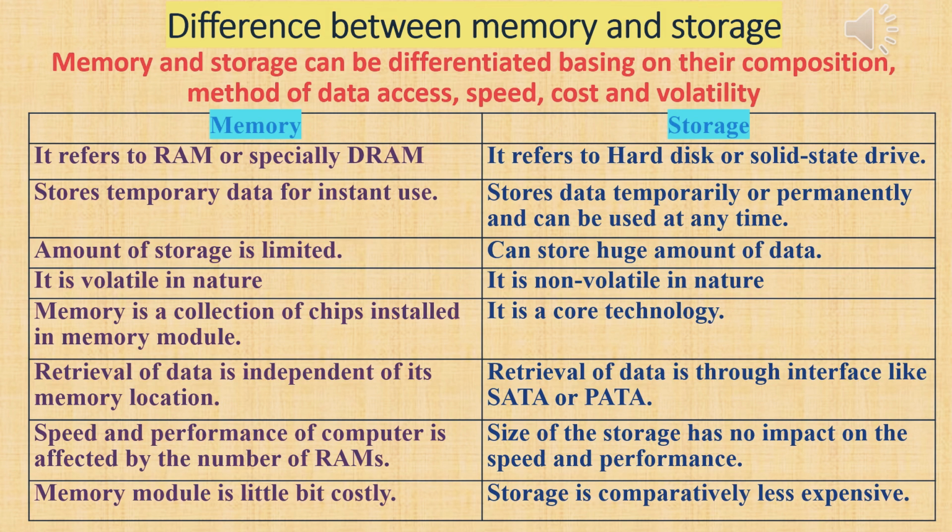Talking about the retrieval part, memory access is independent of its location, whereas in the case of storage, it is through an interface like SATA and PATA, where SATA represents serial advanced technology attachment, whereas PATA represents parallel advanced technology attachment.